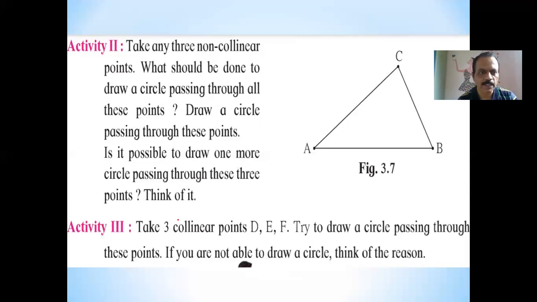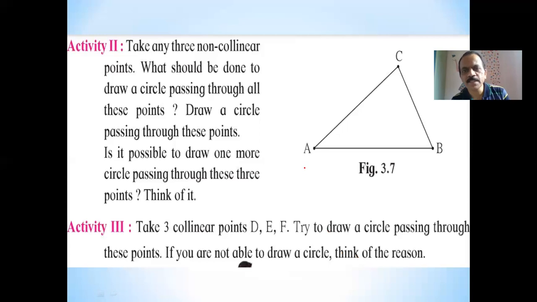Now in activity number 3, take three collinear points D, E, F. Collinear points means that when we join these 3 points in a plane, only one line can be drawn. Try to draw a circle passing through these points. This is not possible. Think of the reason.